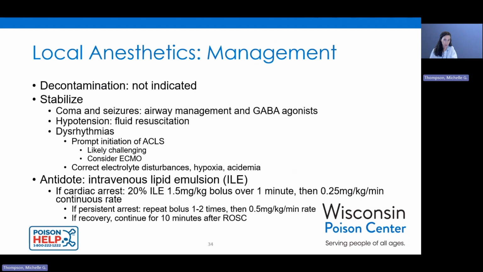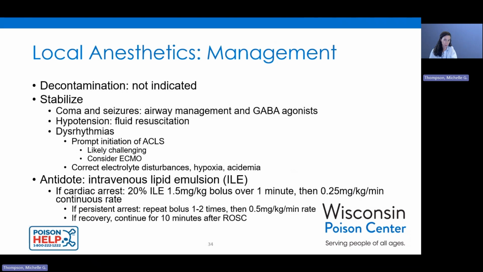Management here is really focused on stabilization of toxicity. Decontamination is not administered because these are intravenous or intrathecal medications. So coma and seizure should be stabilized with airway management, and GABA agonists should be administered. Hypotension should be treated with fluid resuscitation, and dysrhythmias really should follow protocols outlined in ACLS.